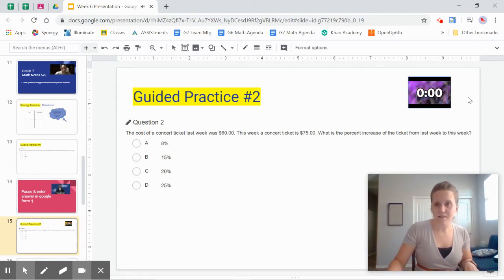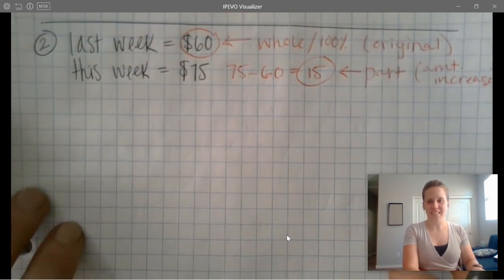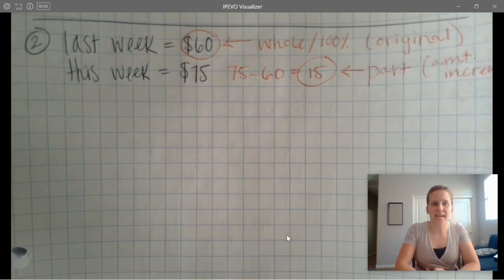Okay, go ahead and move on to your ratio table if you haven't already. Let's start together. It's okay if you didn't finish, we'll finish it up together.